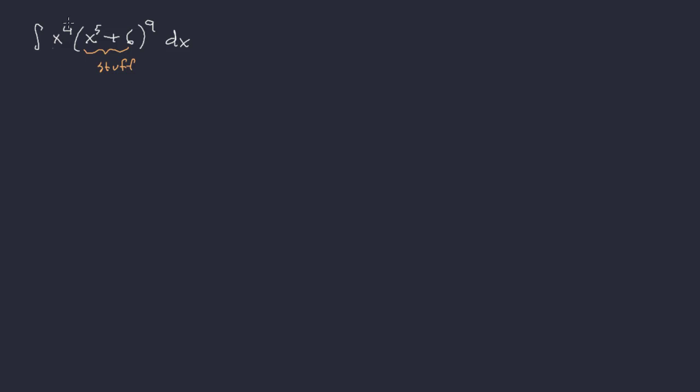And the derivative of the stuff is almost sitting right here, so this is equivalent to stuff prime. So we could set up a u-substitution here. All right, so let's do that. Let's let u be this stuff here, x to the 5th plus 6.